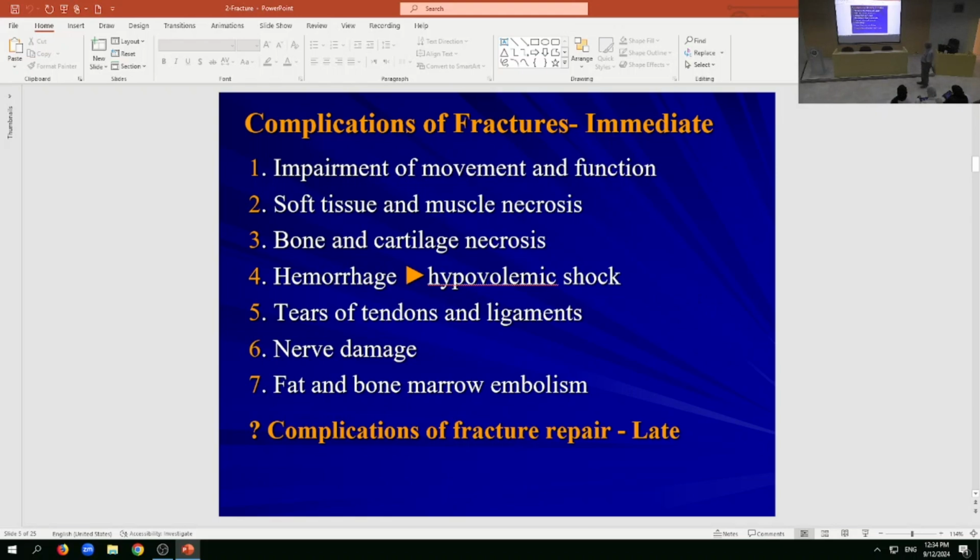Tear of tendons and ligaments, and damage of nerves, and fat and bone marrow embolism. The medullary cavity of bone is full of fat and fatty marrow. Chunks of this can escape into the venous system, travel elsewhere, and block pulmonary arteries or any other organ.